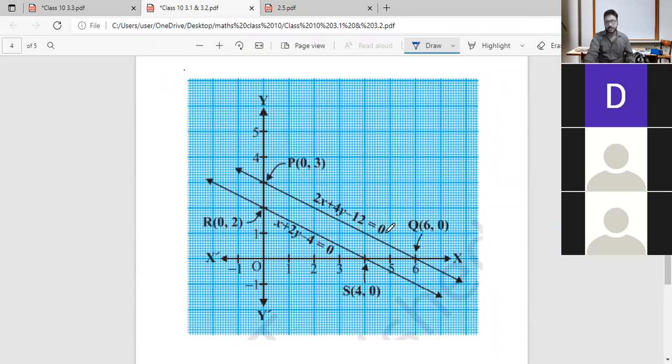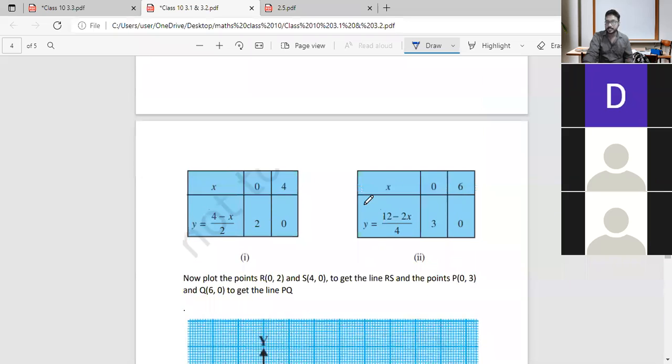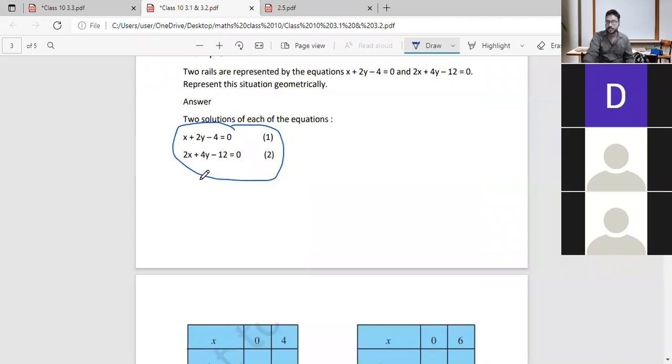You can see clearly that these two lines are not intersecting at all, which means, do these two equations have a solution? What do you think? No, it does not have any solution. Very good, because it does not meet at any point. As a result, remember, these two equations do not have a solution.